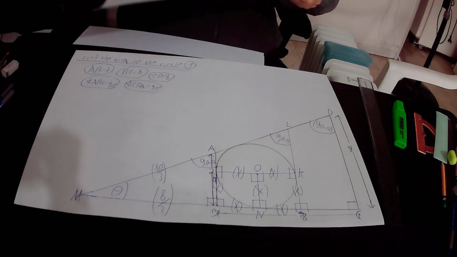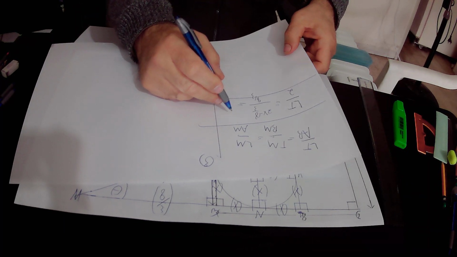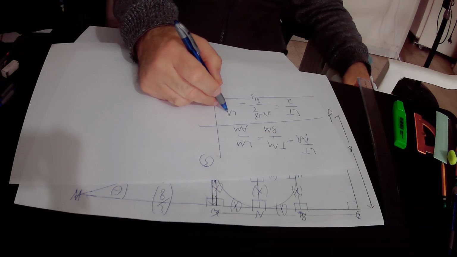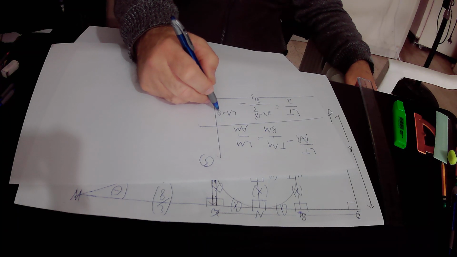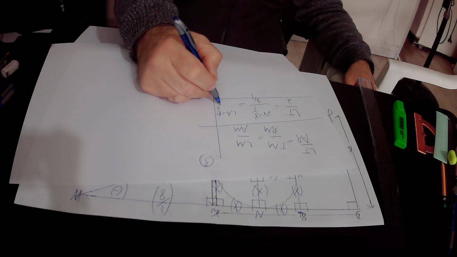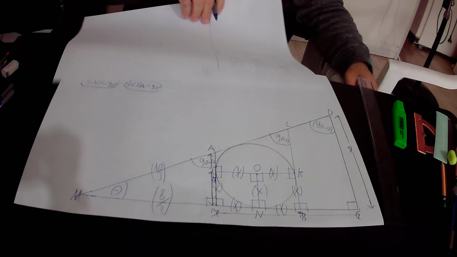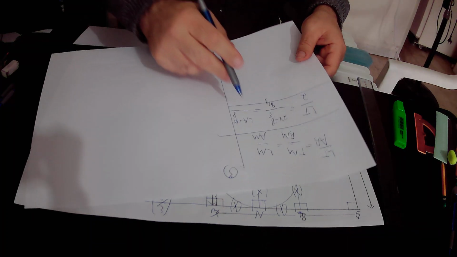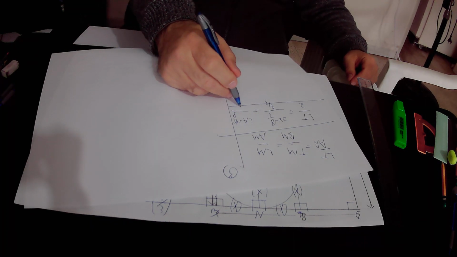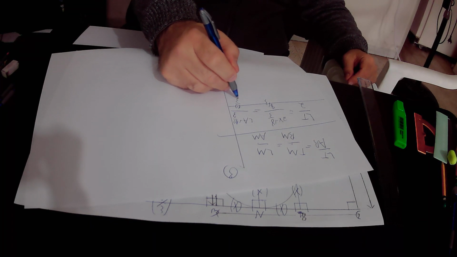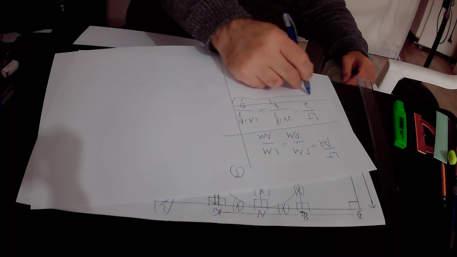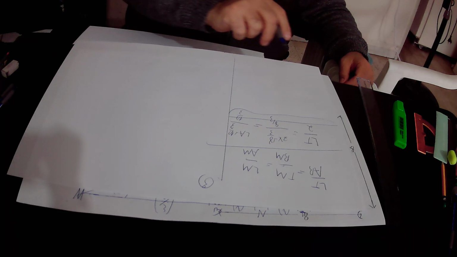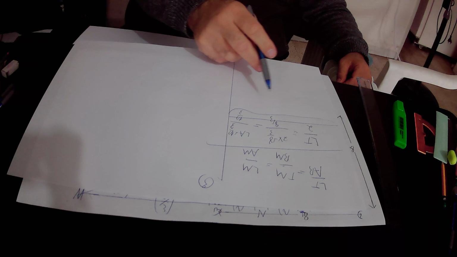So we substitute LM in this equation by LA plus 10 over 3, divided by AM. AM is 10 over 3, so we substitute AM by 10 over 3. So we have this long equation.